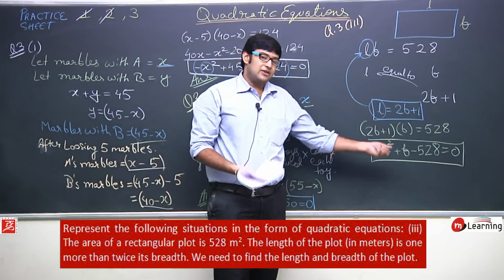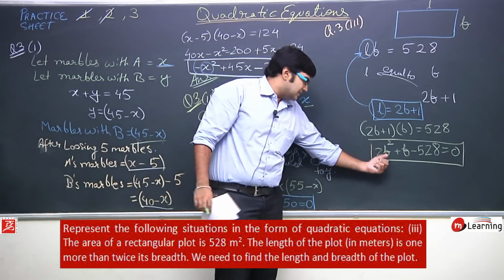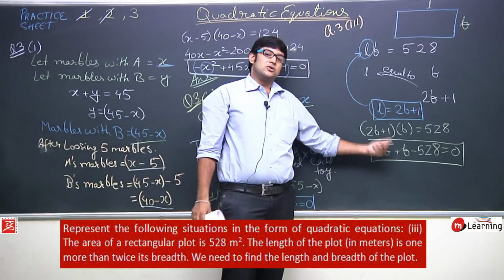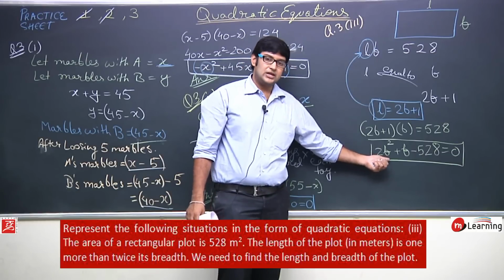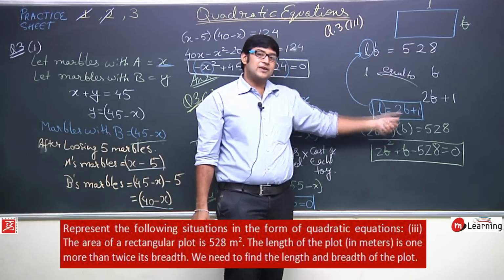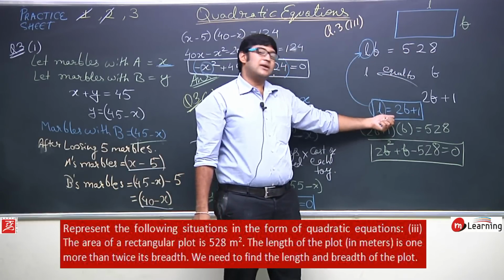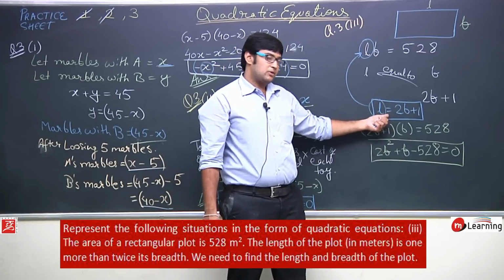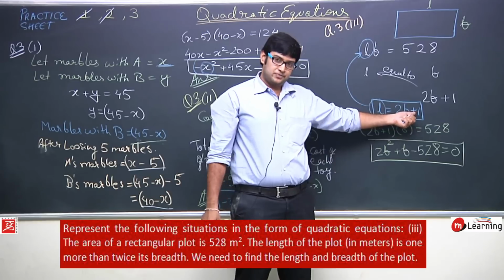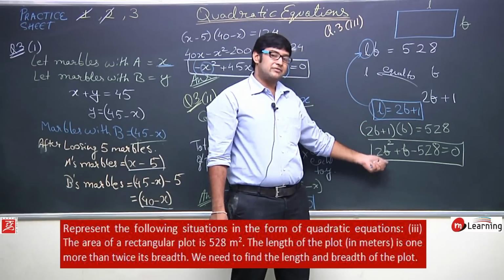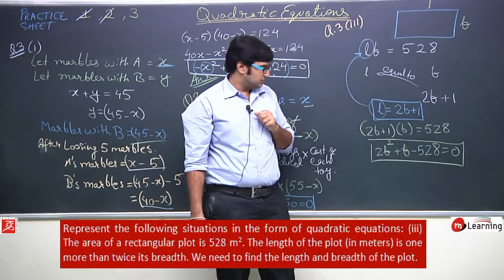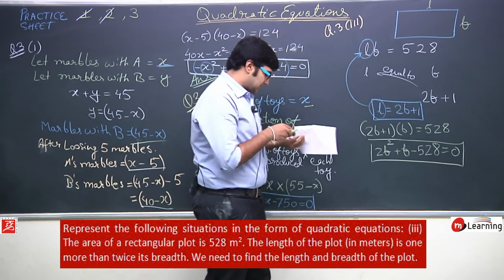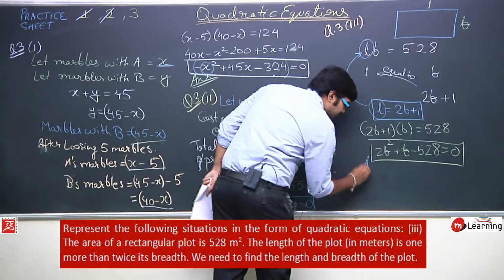Now why have we found this equation? It contains the variable B. So by solving this equation we will get the value of B. B is the breadth, and if we get the value of B we can determine the value of L also, because L is equal to 2B plus 1. So when we solve this equation we can get both values, L and B. So for this case this will be our answer.